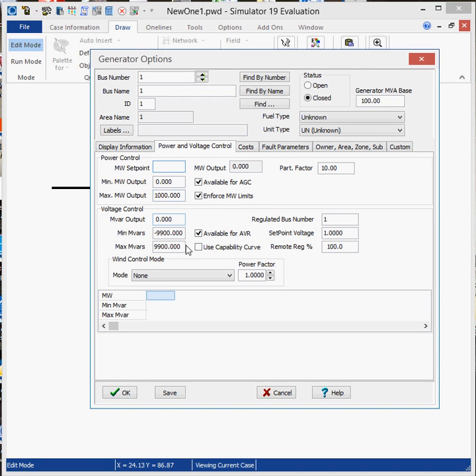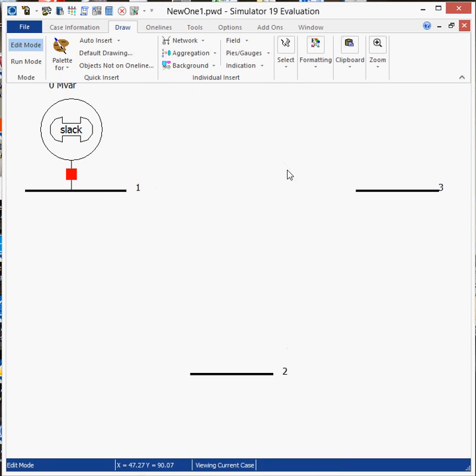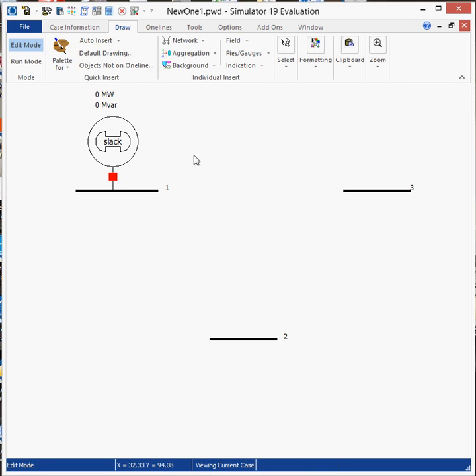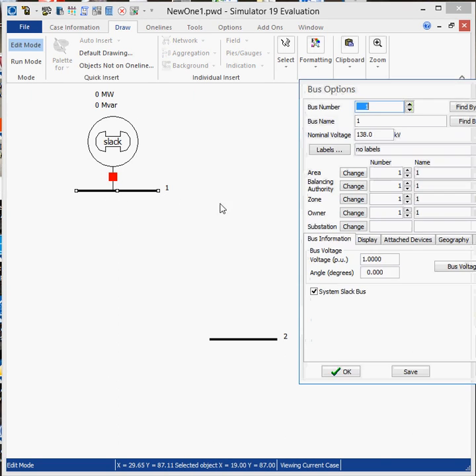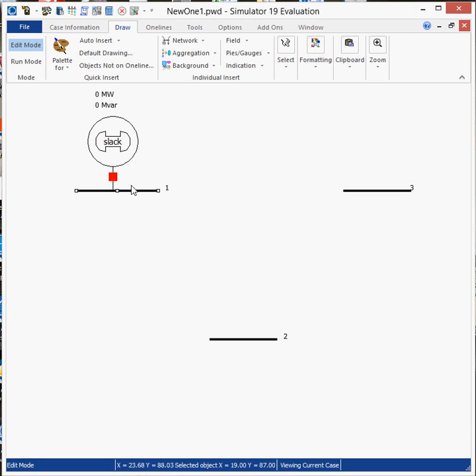Okay, so just leave it, put 0 and press OK. Since you already keyed in this bus option as a slack bus, it will automatically acknowledge this generator as a slack, the existing grid.